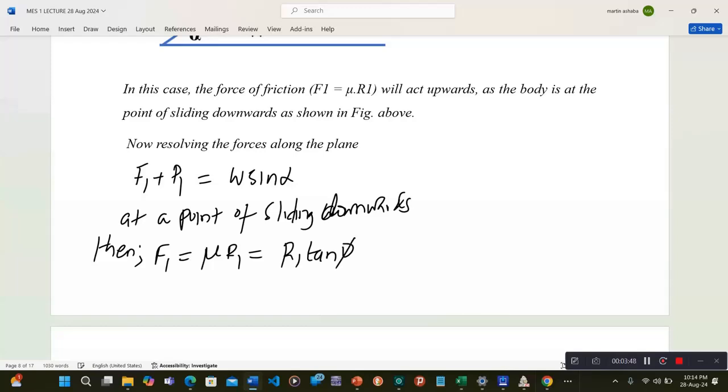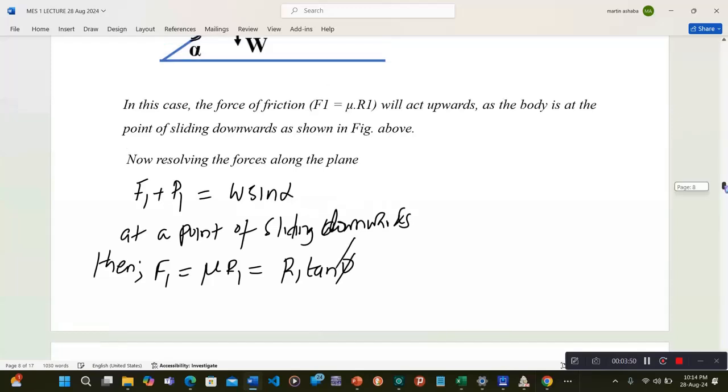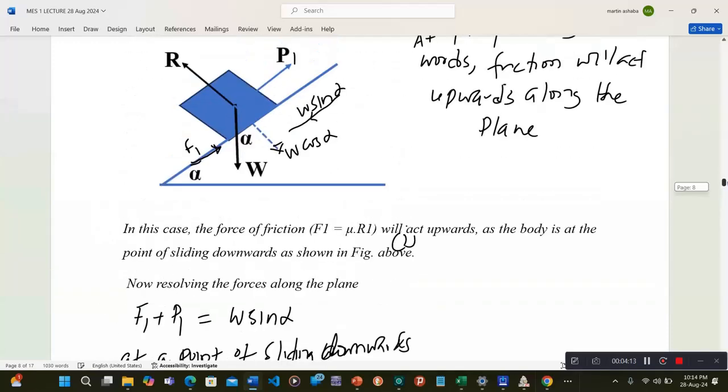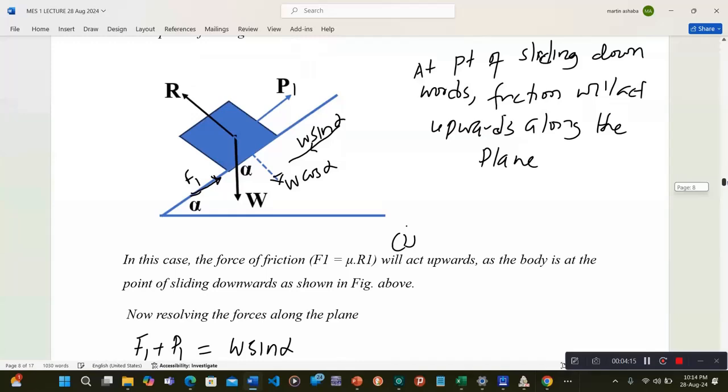We could stop at this level, but we are going to bring our nu R1 in here so that we have nu R1 plus P1 is equal to W sine alpha. We call this equation 1. That is when we resolve along the plane.